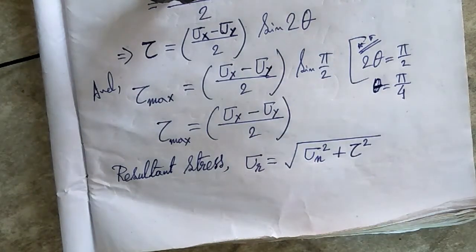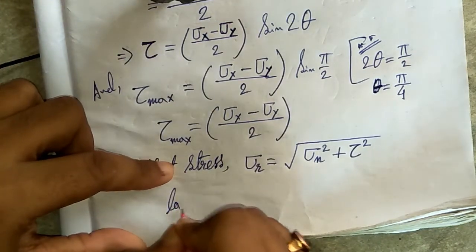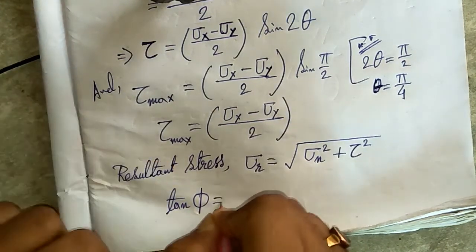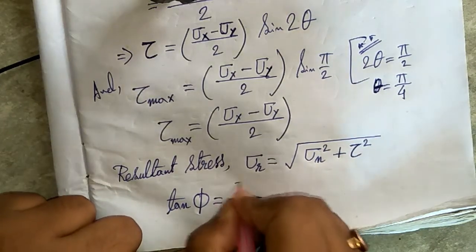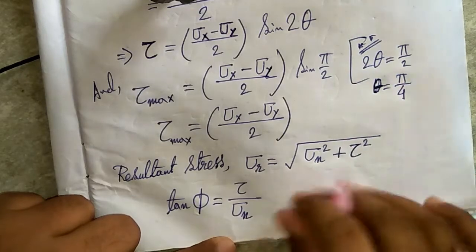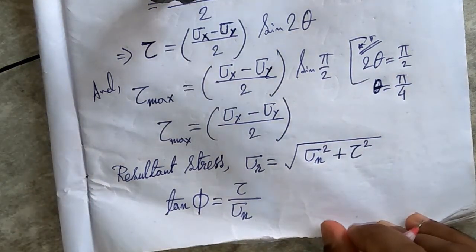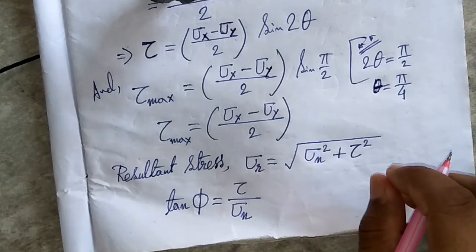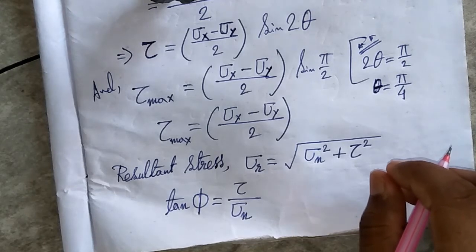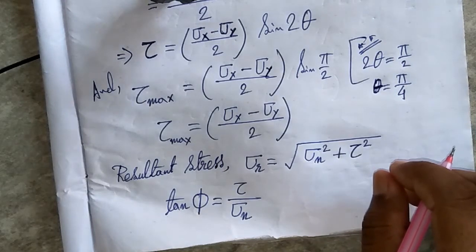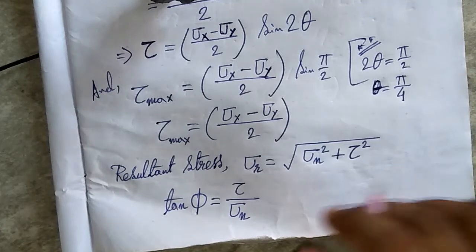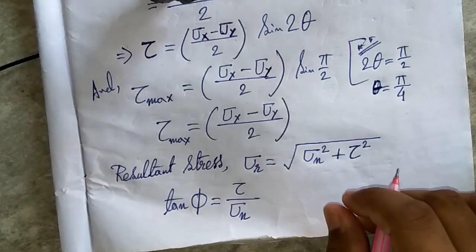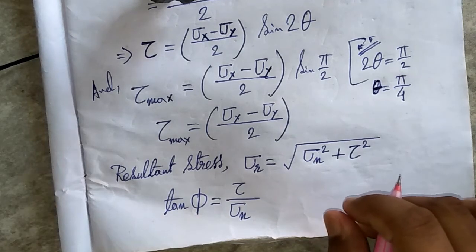And tan phi equals tau by sigma n, where phi is the angle which the resultant stress makes with the normal to the plane, called the obliquity. So these are the expressions for two mutually perpendicular direct stresses.